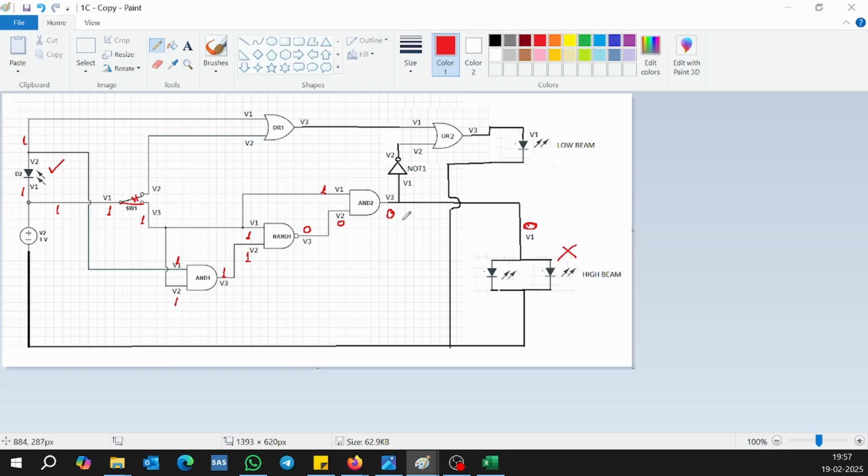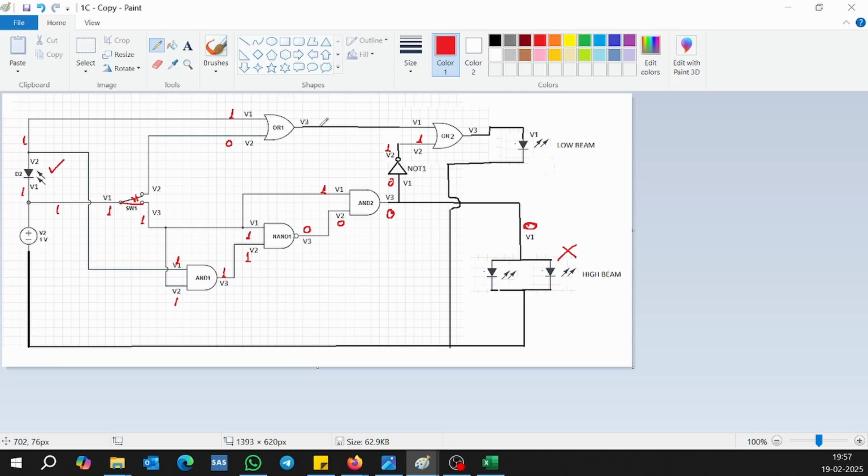So how does it happen? Here we have given a NOT gate. Since this is 0, this NOT gate will make the output 1. Let's see what happens here. Here this is 1, and since V2 is not connected, this is 0.